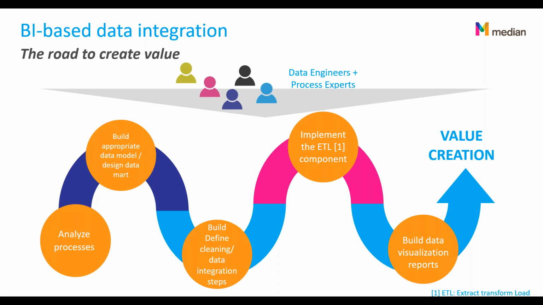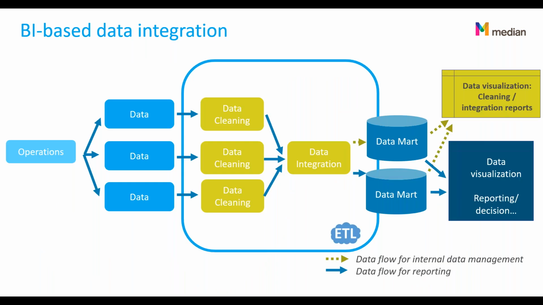Now, to go more into the data integration in depth, let's have a short look at this schema. Starting from the left, we have the operation, creating multiple data for each process. For each process, the data is cleaned before being integrated and loaded into the data warehouse.